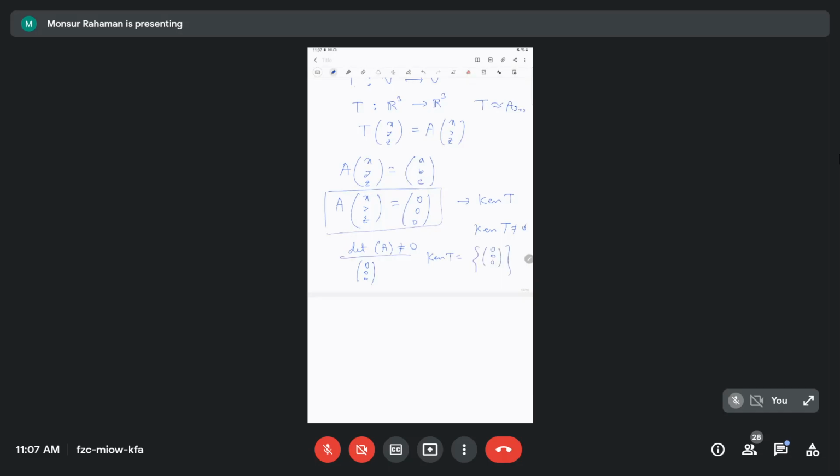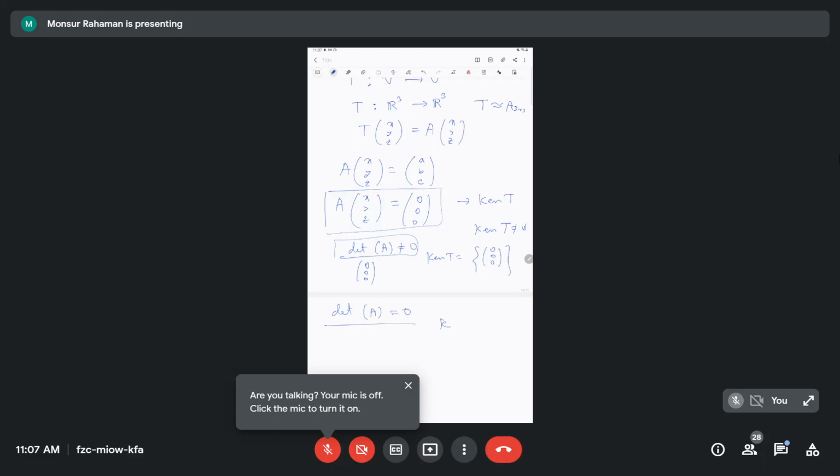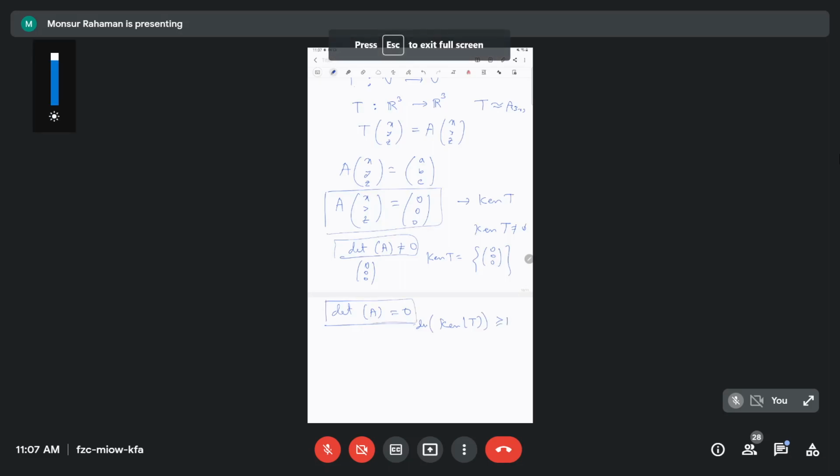If determinant of A is not equal to 0, but if determinant of A is equal to 0, then ker T may have a higher dimension. Here the dimension would be 0, but here the dimension of ker T is greater than or equal to 1 if determinant of A is equal to 0, sorry.